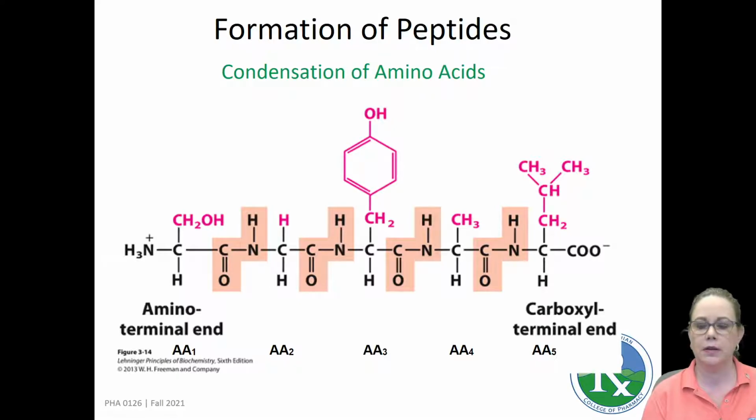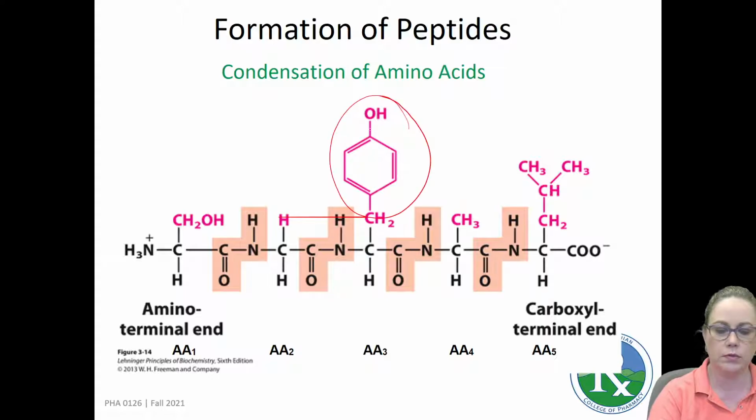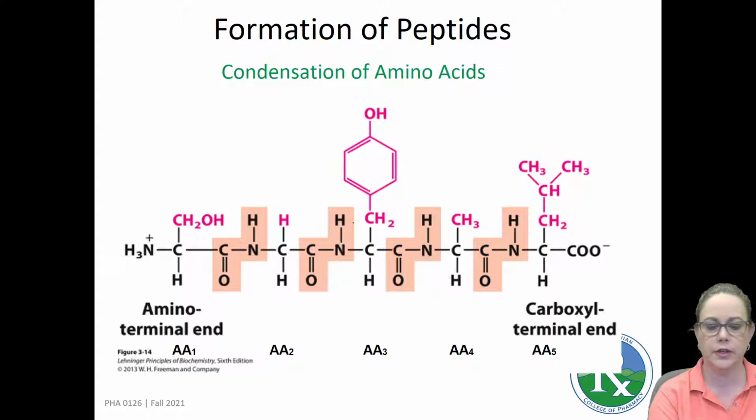For example, if I said identify the tyrosine side chain, you should be able to identify that, as a hotspot question. Or if I had that group circled, you should be able to tell me that that's the side chain of a tyrosine.